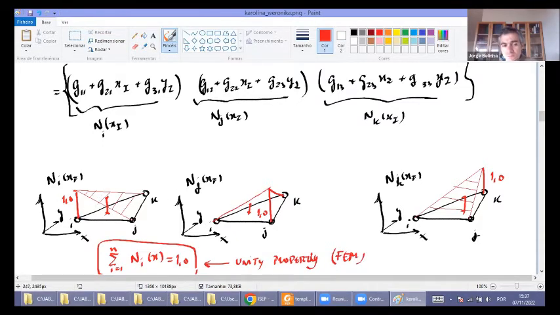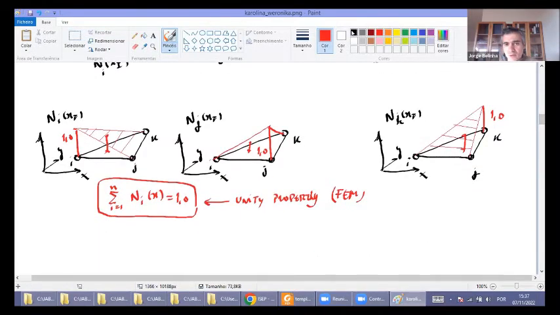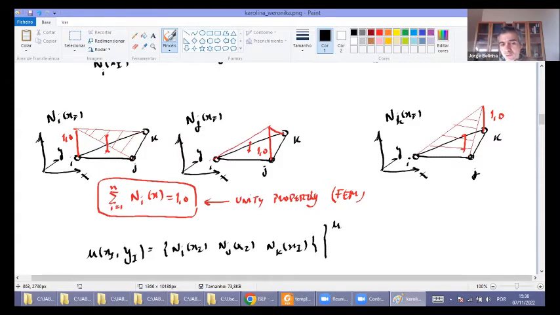Okay, well, if you do this, you see that your interpolation, in fact, is what? The value of u of x, y is actually your Ni, Nj, Nk multiplied by ui, uj, uk. So it is this value on red multiplied by this, plus this value on red multiplied by this one, and this value on red multiplied by that one.